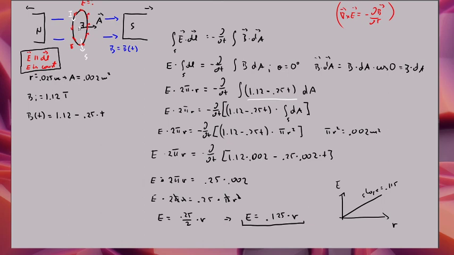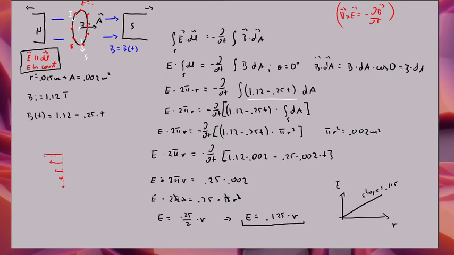And as you move farther out, the electric field increases in magnitude. If I were to draw this, at the center of the loop the electric field is 0, and as you move away from it, it becomes bigger and bigger, increasing linearly.